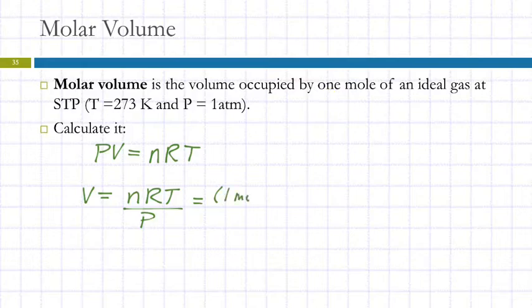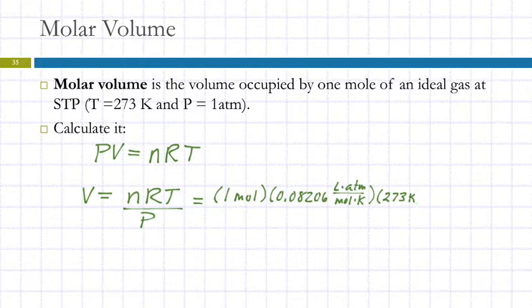And the ideal gas constant is 0.08206 liter atmospheres per mole Kelvin. The temperature is 273 Kelvin.